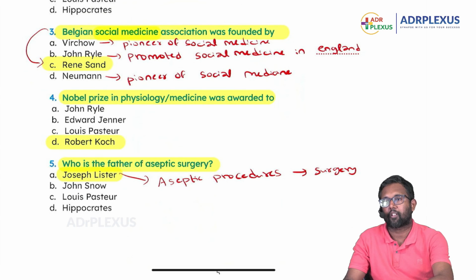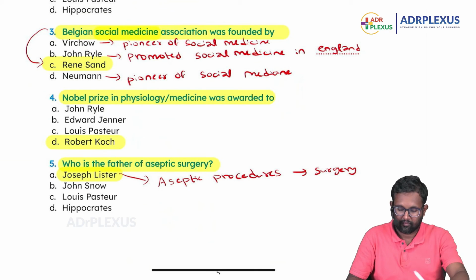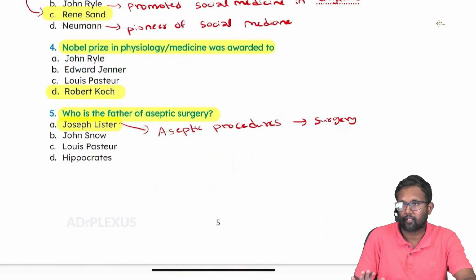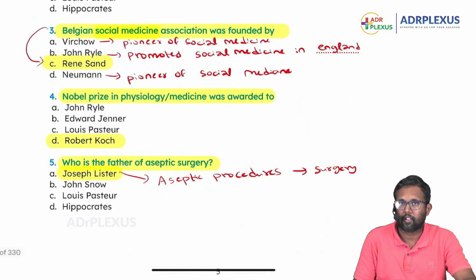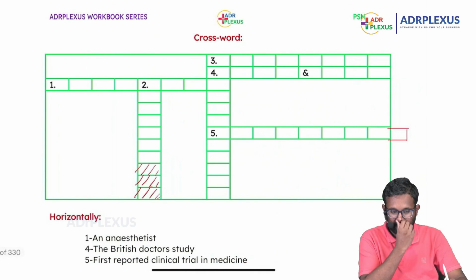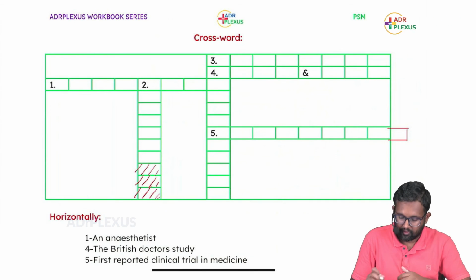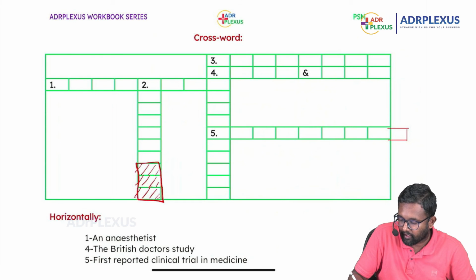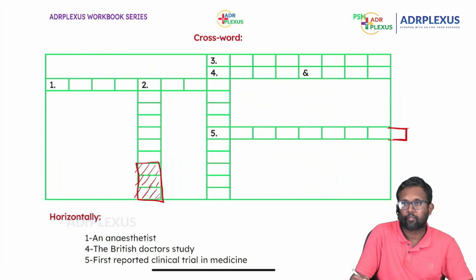Okay, next we'll go into the crosswords. I think this is done. This is okay, guys. We'll go into the next page. In the next page, you can just strike out these three boxes, and for the fifth one, you can add one extra box here.